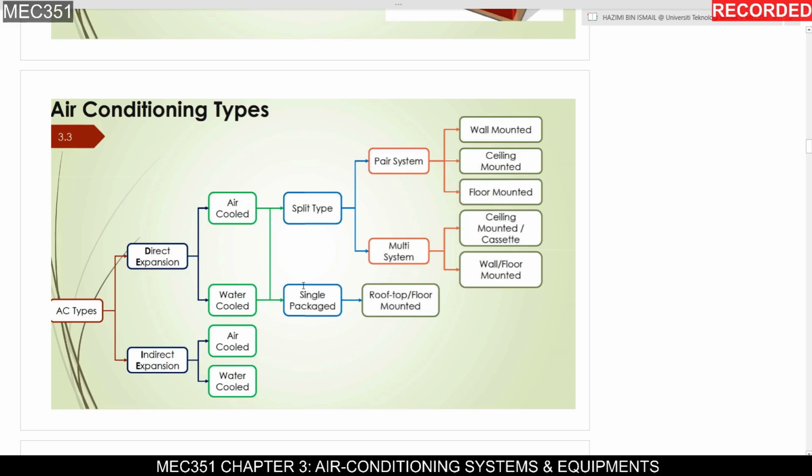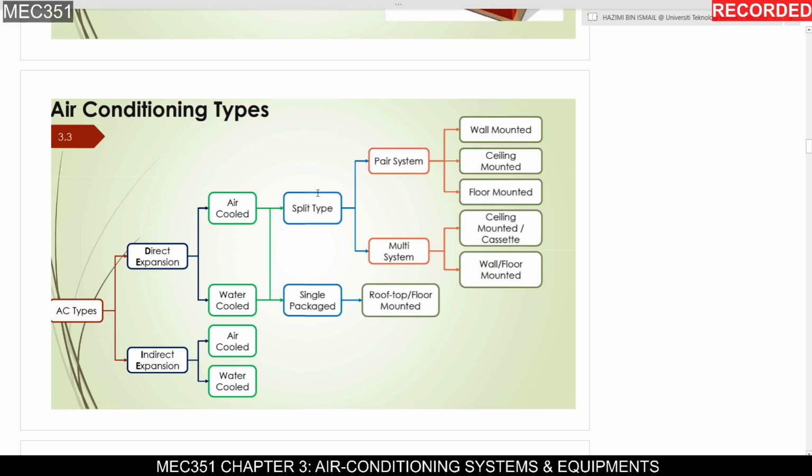Then we also have the single package unit, which can be put on the floor or on the roof. Both of them can use either an air or water cooled system.